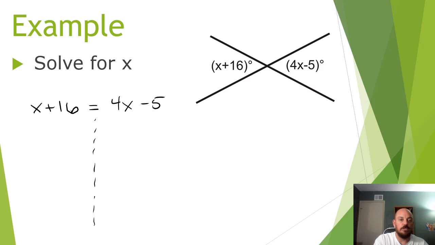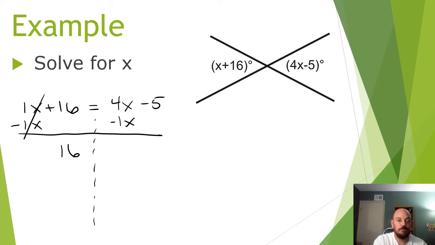Let's get rid of the smaller one. So this x over here on the left, remember an x by itself is actually a 1x, even though you don't see it. So let's get rid of that. Let's do a minus 1x on both sides. So that's gone, leaves just a positive 16 since it was plus. And over here, 4x minus 1x is 3x, and it does leave us that minus 5.